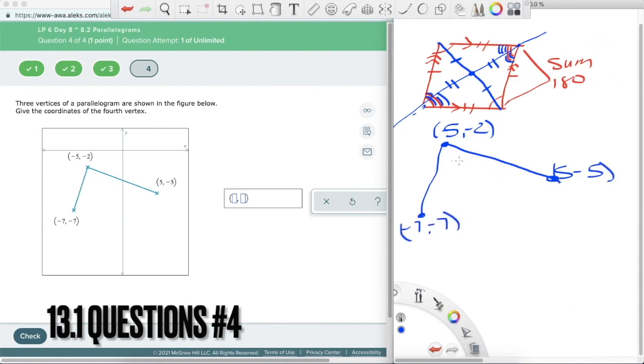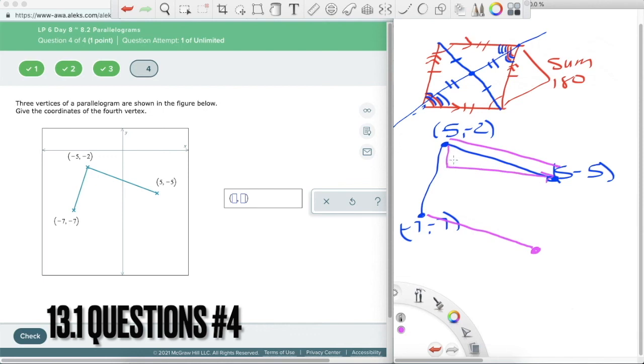So with this one, if I'm looking at the slope of this side so that I can match it to the slope of this side, so I can figure out where this coordinate is going to be, I want to figure out rise over run. So how far do I have to drop down here, which is my y's? Remember, it's x, y, x, y.